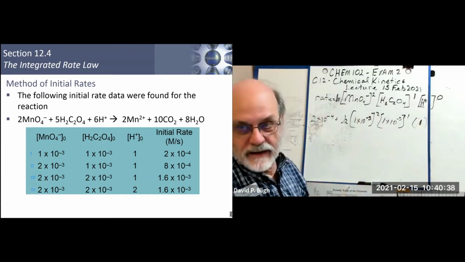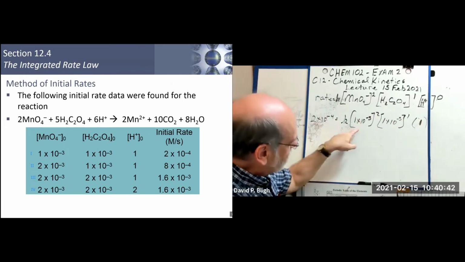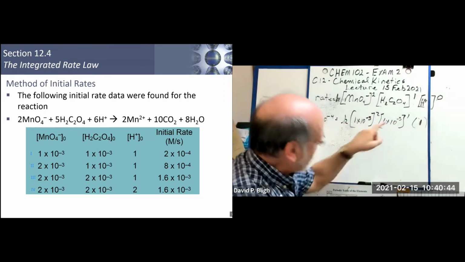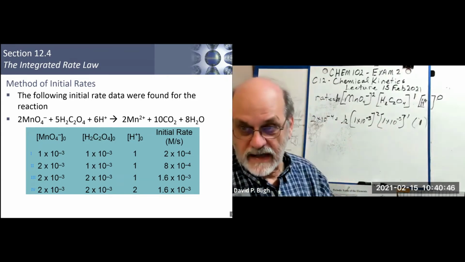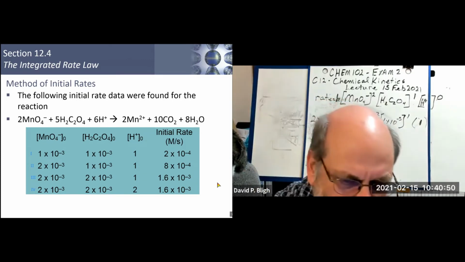Now we can solve that, right? So we keep K here, and we divide that one by this, and then divide it by that. And we get a K value. So that shouldn't take too long.